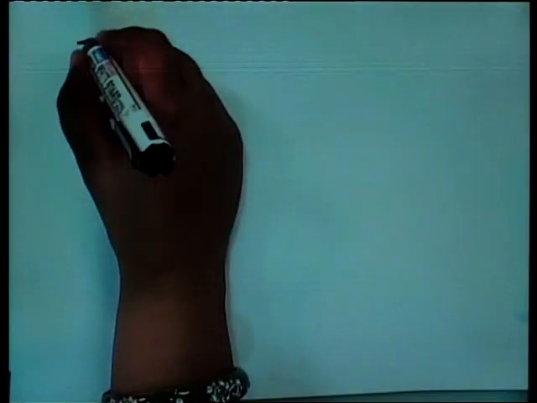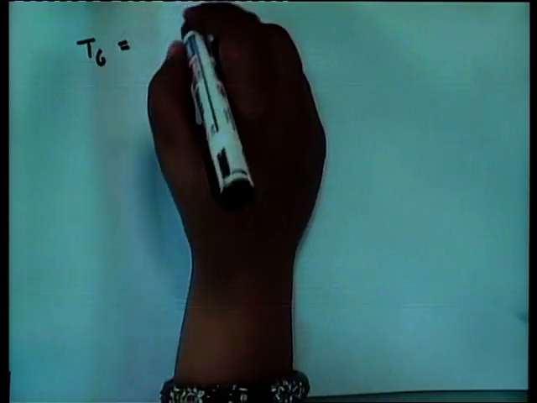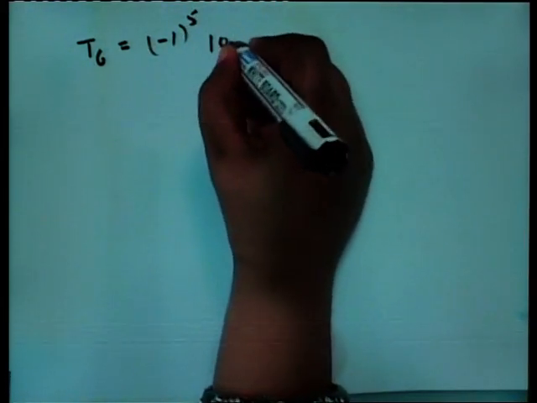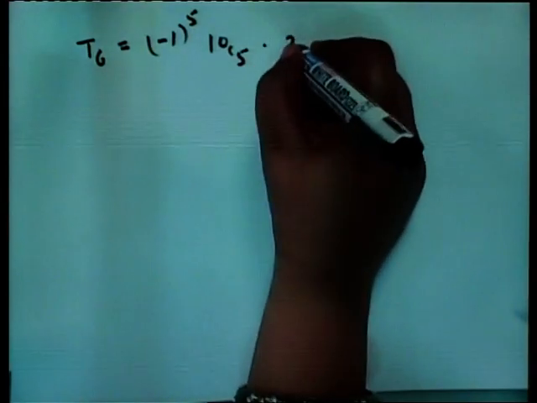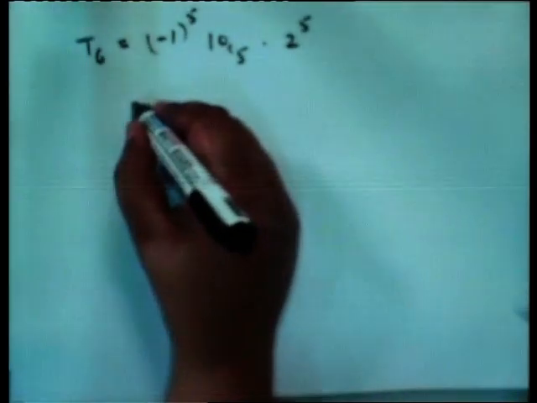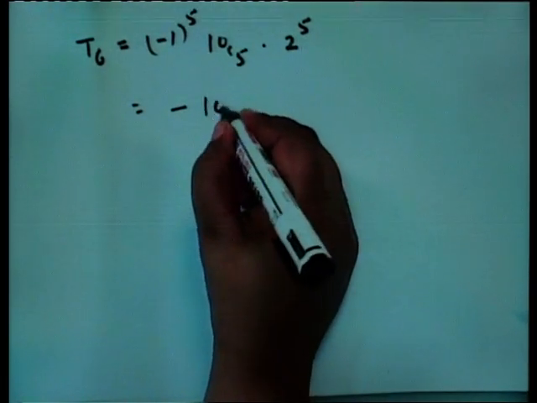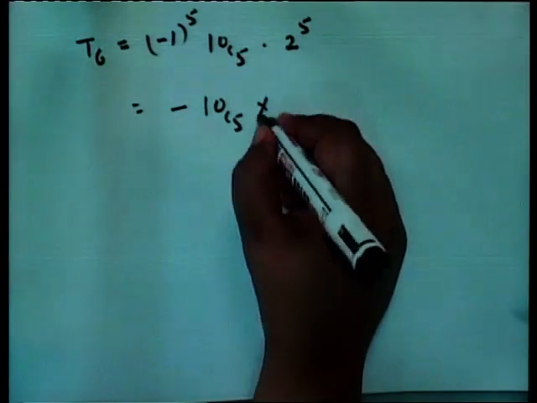So T6 will be equal to (minus 1) raised to power 5 10C5 into 2 raised to power 5. So this will be equal to minus, 2 raised to power 5 is 32. So minus 10C5 into 32.